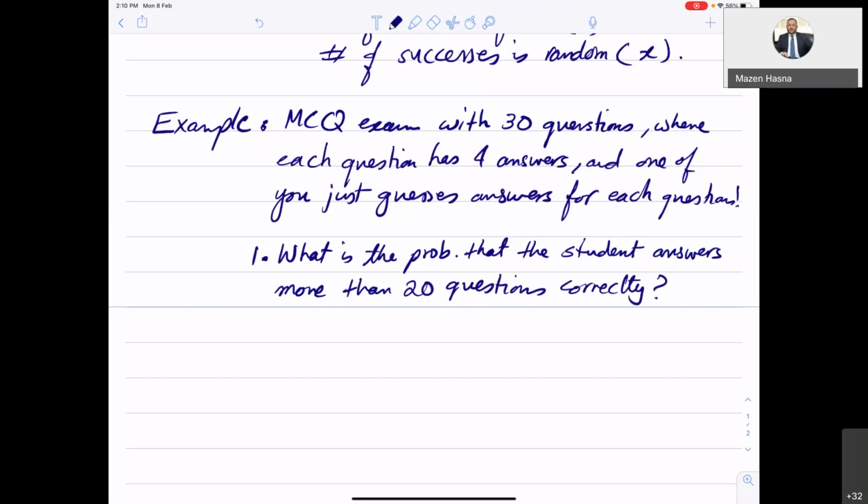So what's the probability that the student answers more than 20 questions correctly?